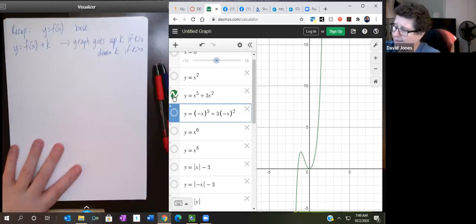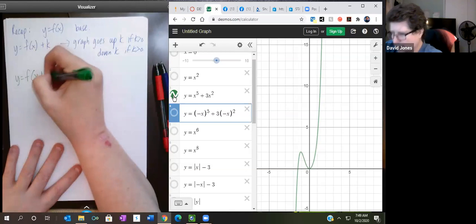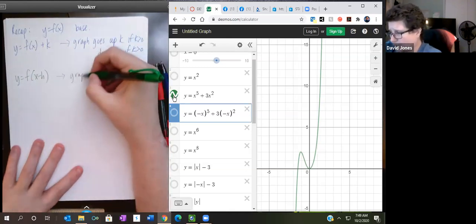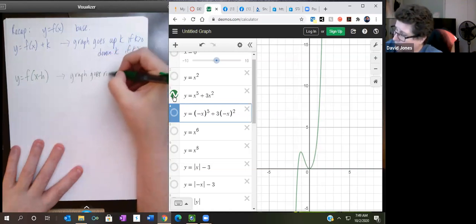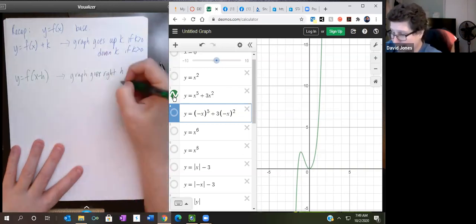If we look at having the h on the inside, graph goes right h if h is greater than 0, which makes this look like x minus h.